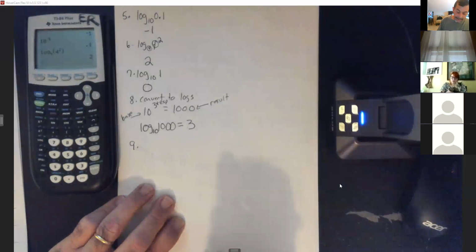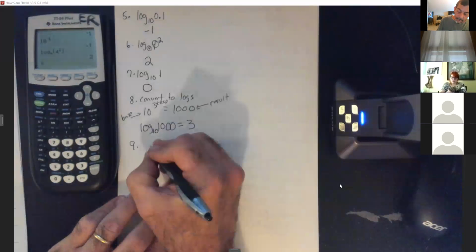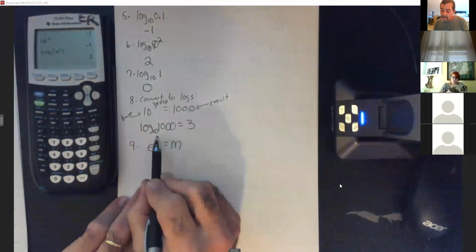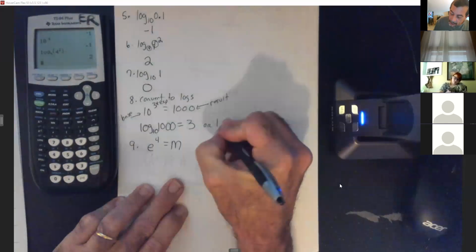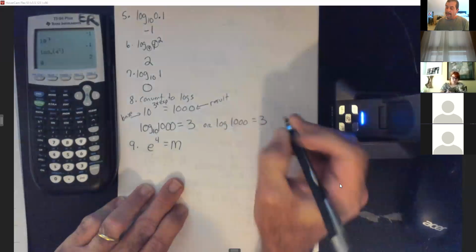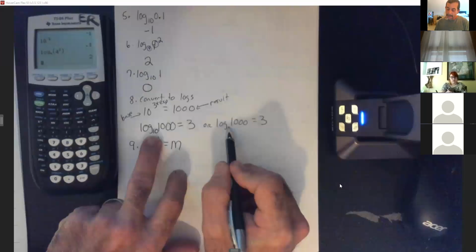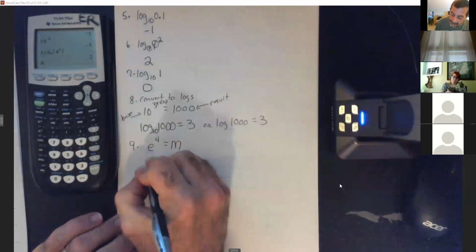9, same thing. I got e to the 4 equals m. Now this one, it should take this one right here, this number 8 I did. It should take that as just a log of 1,000 equals 3. Because remember, if you write a log, it's understood to have that 10 there, okay? So the e, since that's the e, I'm going to use the ln as my base.